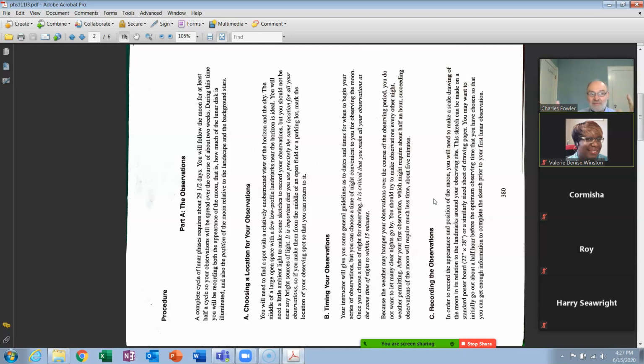So you choose your time and it'll depend. Again, you're going to observe this not every day, okay? So the appearance of the moon is how much of the lunar disk is lit. You'll also be recording the position of the moon relative to two things.